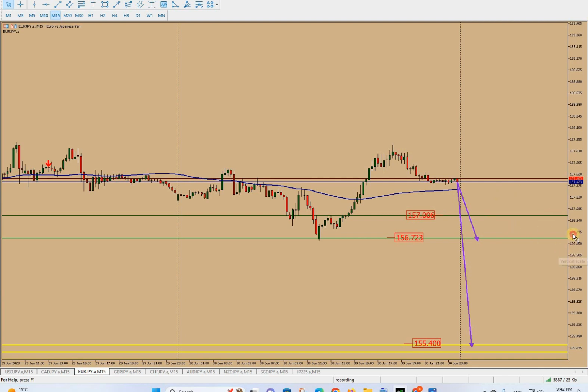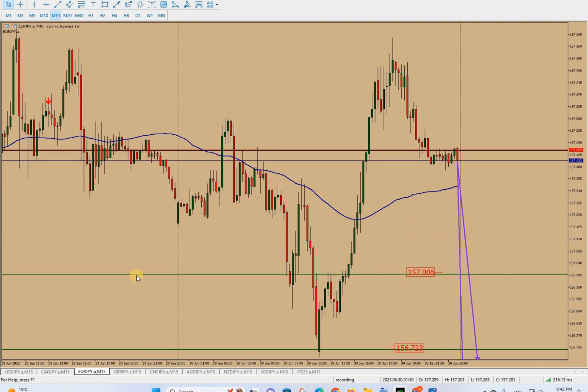I have to follow the rule. So again, Euro Japan going down, Pound Japan going down, CHF Japan going down, Australia Japan going down, New Zealand Japan going down. Singapore Japan, no level. USD Japan, we don't have any level. Canada Japan, we don't have any level as yet. Maybe next week we will find.